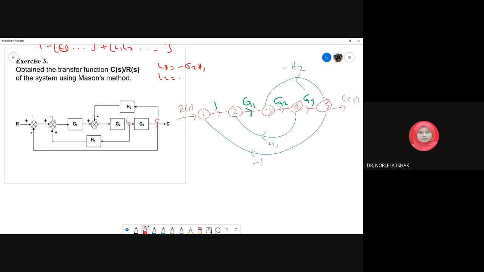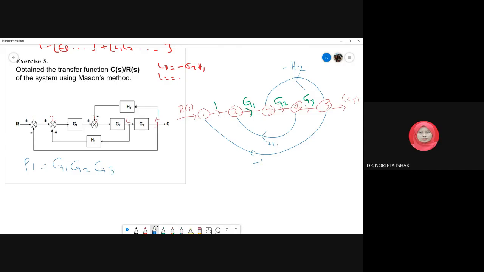So we do it directly. Step 1, define the forward gain. Step 2, the loop gain. Step 3, you define the non-touching loops, if any. From there, how many forward paths? Only 1 forward. Our P1 equals G1, G2, G3.